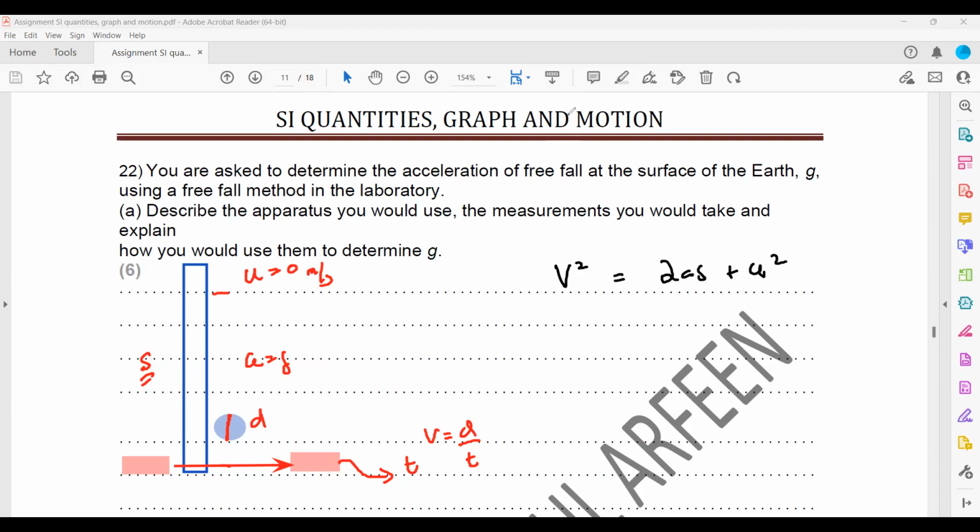Because the initial speed is zero, it becomes v squared equals 2gs. Now we compare with the equation of a straight line, y equals mx.